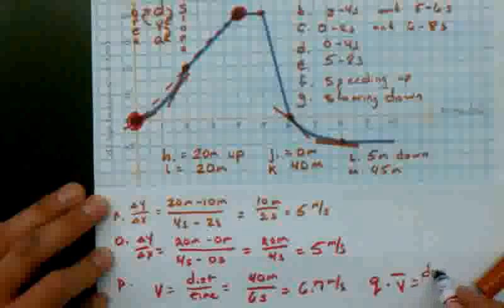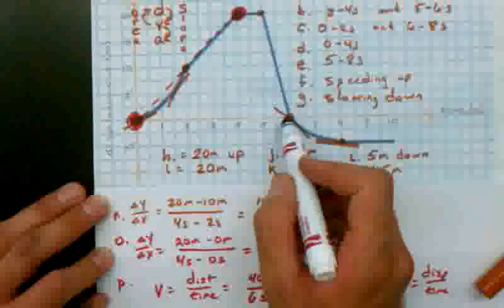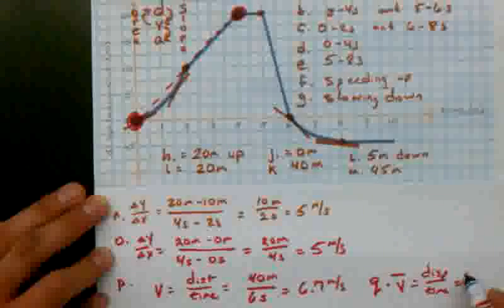But for letter Q, they don't ask about average speed, they ask for average velocity, which is displacement over time. Notice that from 0 to 6 seconds, the displacement was 0, and so the velocity is 0 meters per second on average.